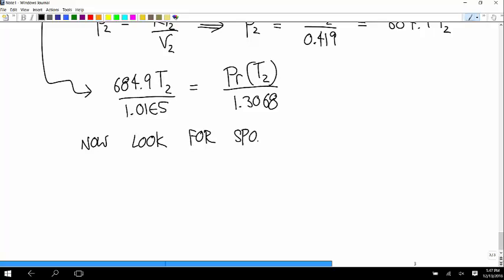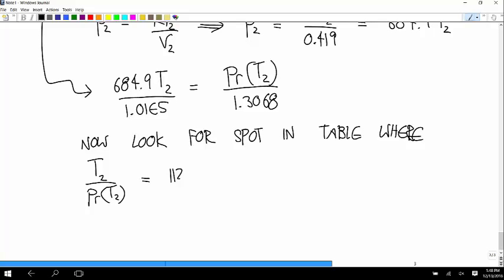Look for the spot in the table where, if you rearrange this, the ratio of T2 over the relative pressure at T2 is equal to 112.839.